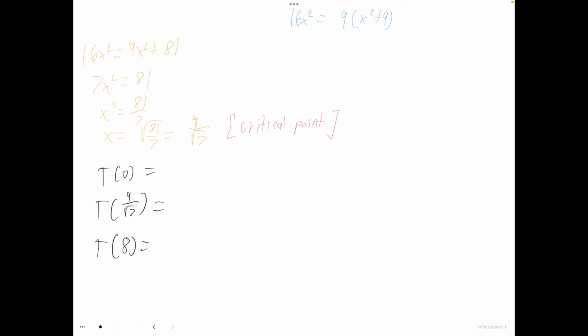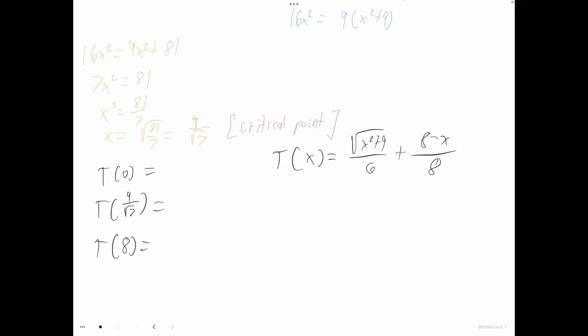Now, just as I remember what t looks like, I'm just going to write down the values of these things, or approximations. But remember that t of x is equal to the square root of x squared plus 9 over 6 plus 8 minus x over 8. So that's what I'm plugging these into. I just plugged them into a calculator, though.